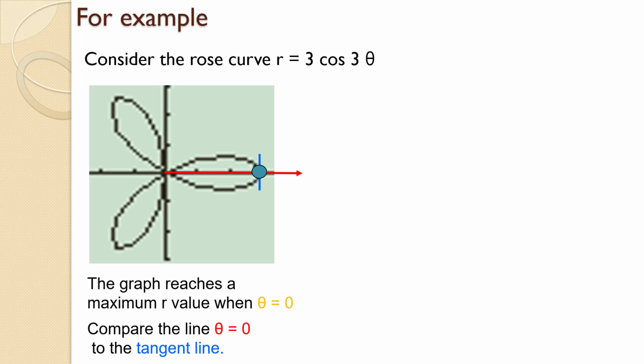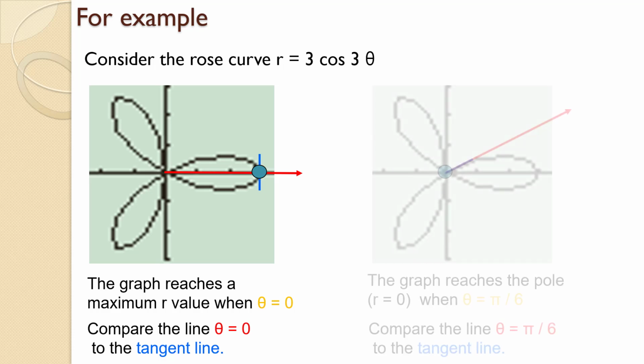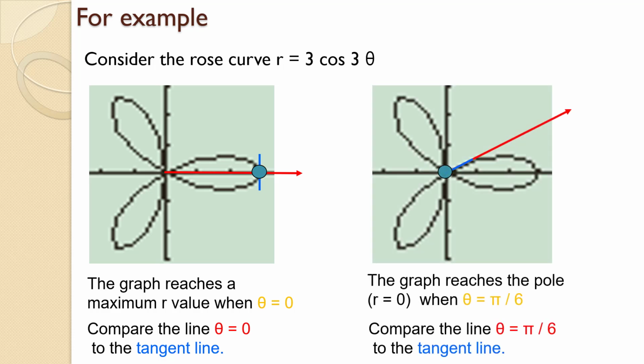As you can see, it clearly is. On the other hand, when you look at the angle pi over 6, the graph comes to the pole. But once again, the rate of change of the radius in terms of theta this time is not 0, as you're still moving. And therefore, if you draw the line theta equals pi over 6, then that line is the tangent line to the curve.